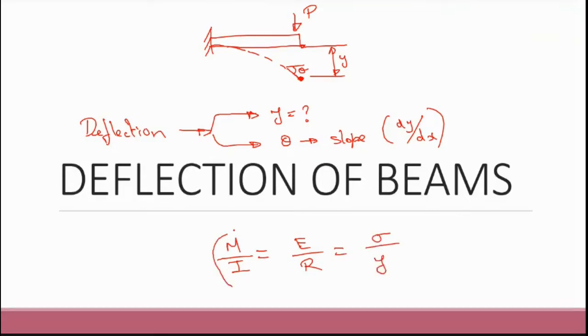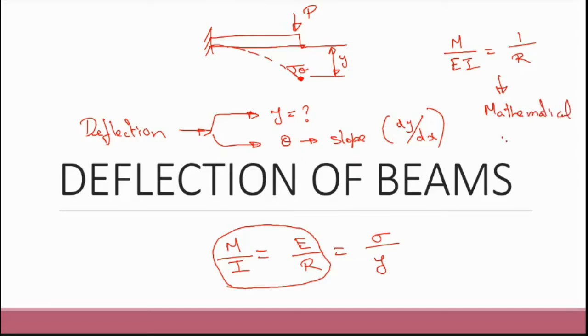Now I am going to relate this, and when I relate this, I will get something like M by EI is equal to 1 by R. So I am going to identify a mathematical relation for this particular equation. R is the radius of curvature. We'll identify that.